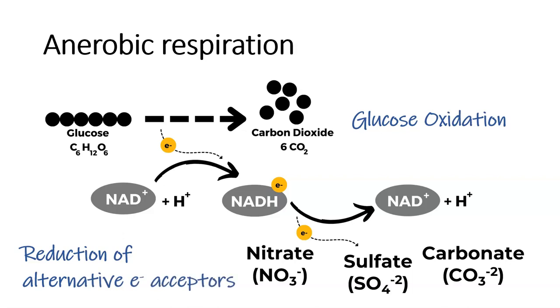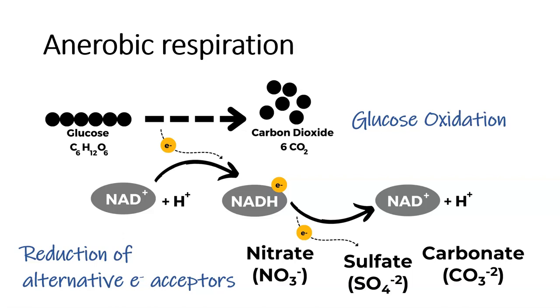They will go through the process of glycolysis, the intermediate step, and the Krebs cycle, and using an electron transport chain, they will transfer electrons to these alternate electron acceptors. There's a lot of variety in anaerobic respiration, but it can play a very important ecological role in the recycling of elements throughout the environment.